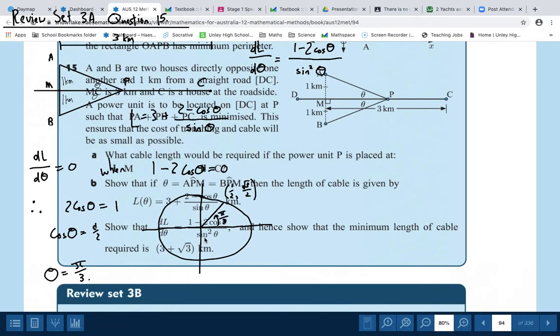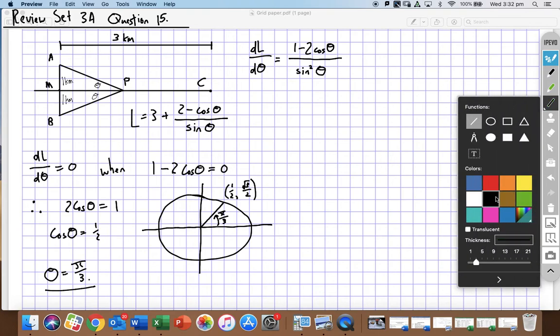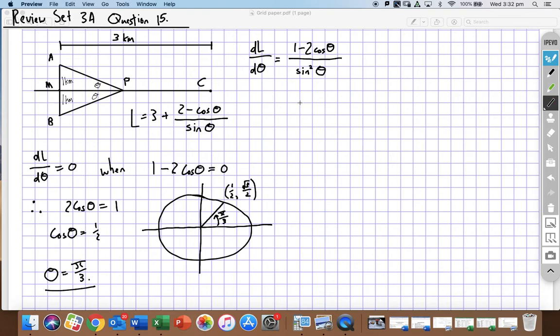Now, just going back. Show that the minimum length of cable required. So we need to plug this answer here into our length equation. Okay, we'll just draw a bit of a line in the sand, so to speak. I'm going to do this over on the other side. So we want to know what's the length.